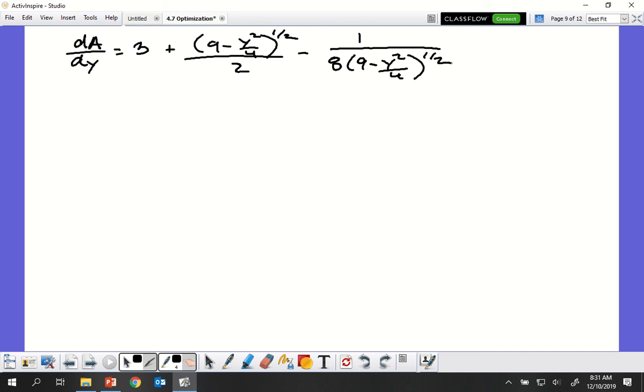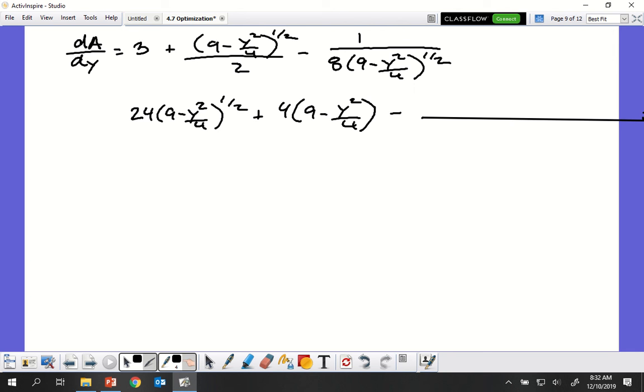And then since I need that on all of them, this over here is going to be 24, and 9 minus y squared over 4 to the 1/2. This is going to become a whole, and it's only going to need 4. So that's plus 4 quantity 9 minus y squared over 4, and it's no longer 1/2 because I completed that one, and it's minus 1.